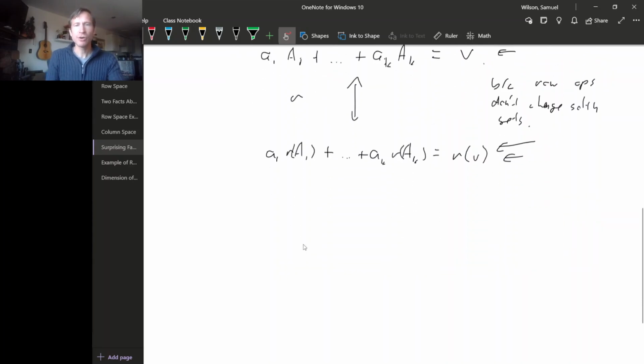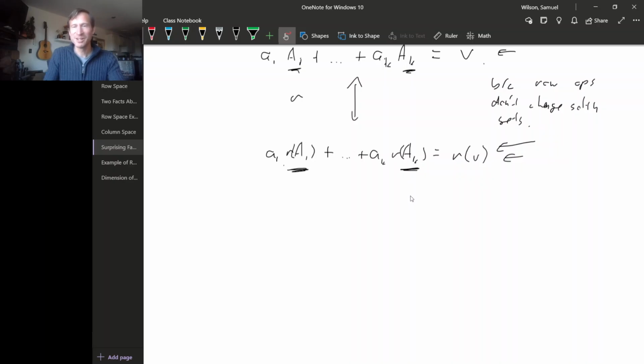All right, so you might wonder, well, we started with capital A1 through capital AK, and those formed a basis for the column space of A. What about the row operation applied to each of these columns?